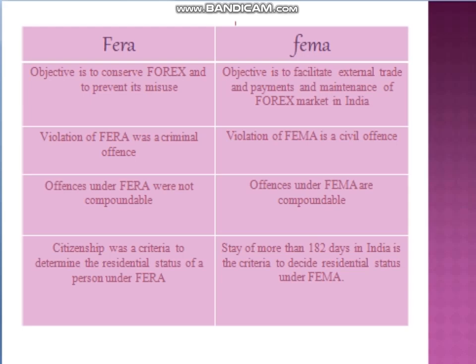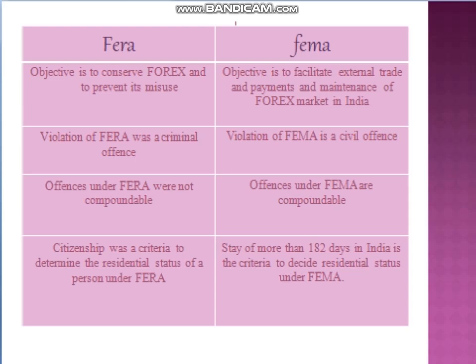Only a penalty can be levied under Section 13. However, if the person cannot pay the penalty, then he can be arrested. In case of FEMA, the offense is considered to be a civil offense only, punishable with some amount of money as penalty. Imprisonment is prescribed only when one fails to pay the penalty.